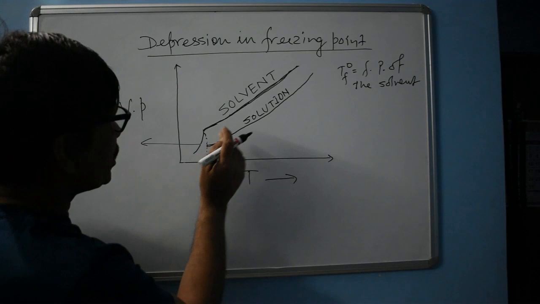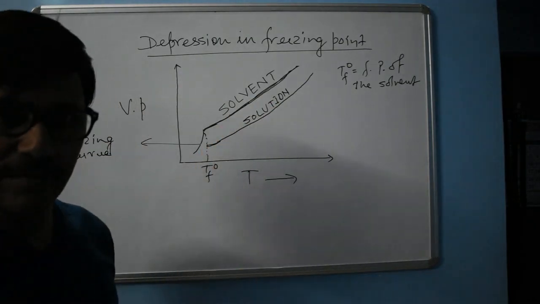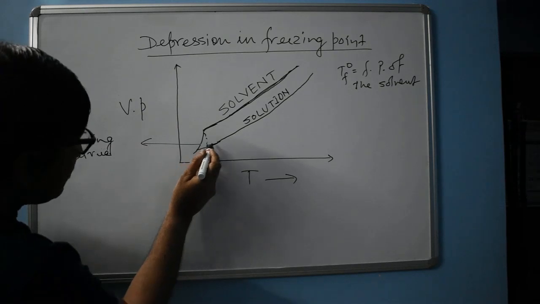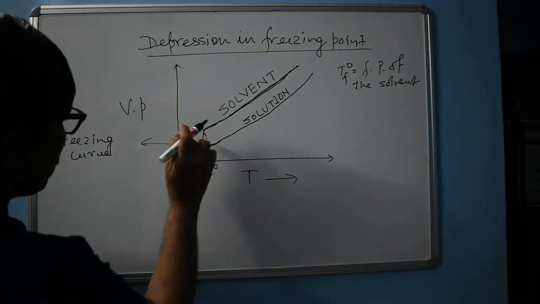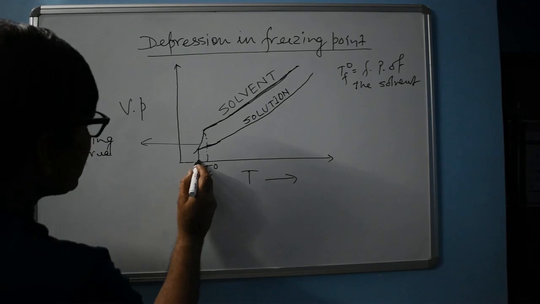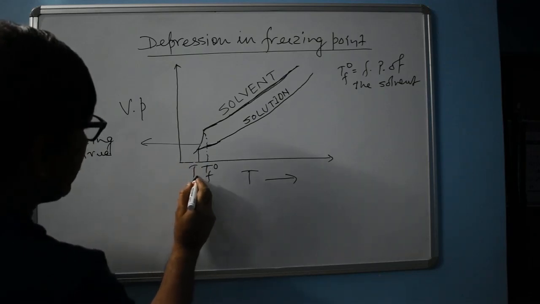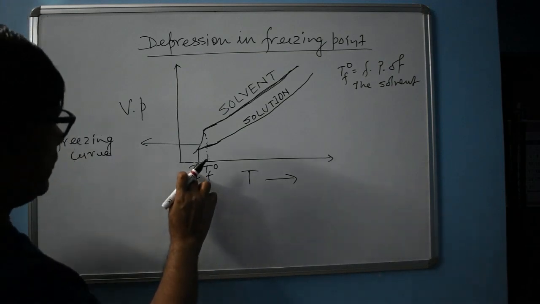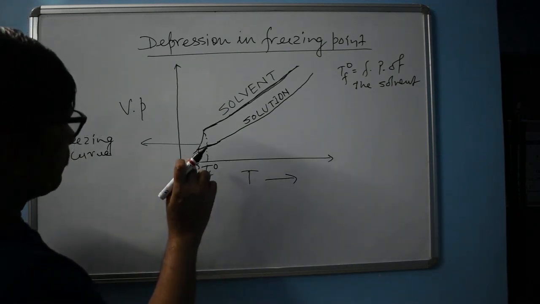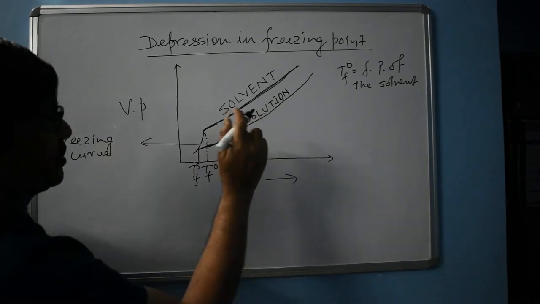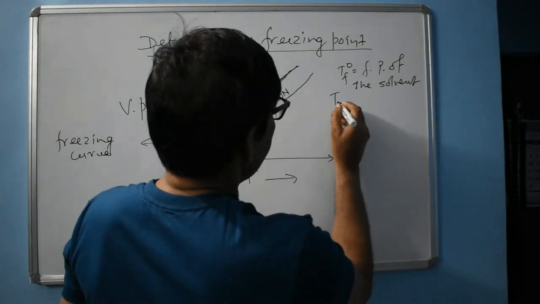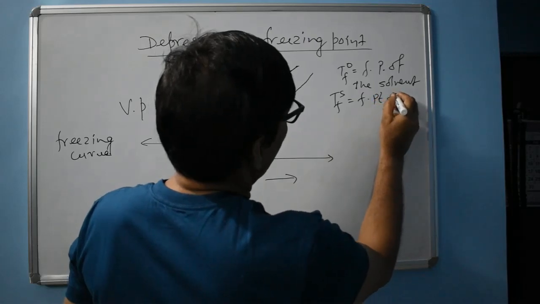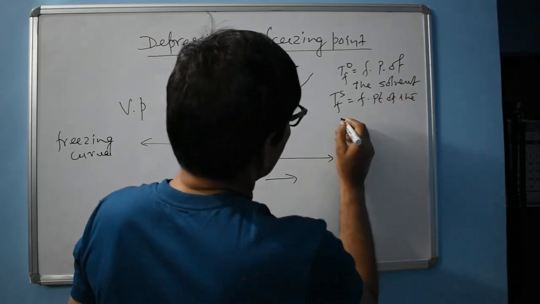So at this temperature the solution will not freeze, and so when we cool it further, you find the freezing curve will touch at this temperature, say TFS, where TFS is the freezing point of the solution.